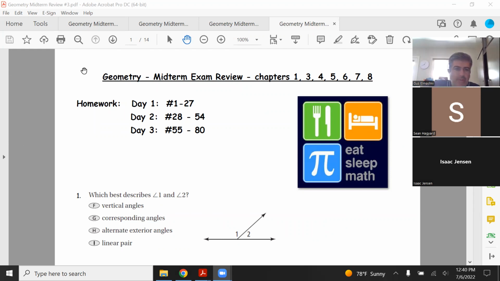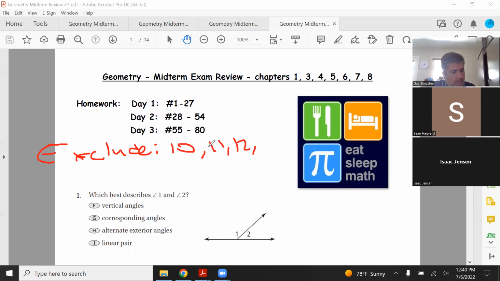Definitely here's what you can exclude. 10, 11, 12, you haven't done constructions. 19 and 20. And 21. 30. And 40. And 52 and 54.